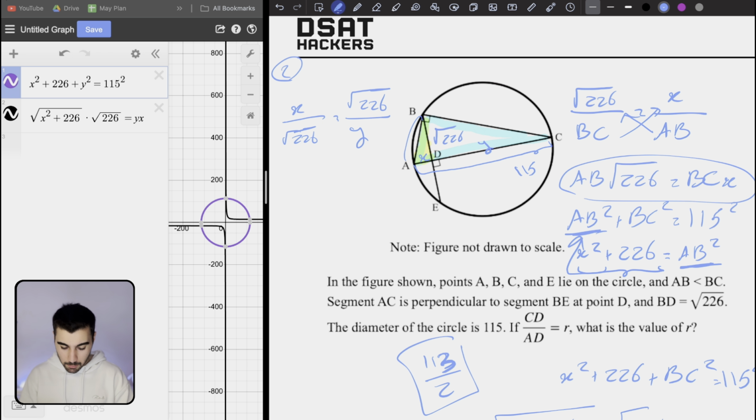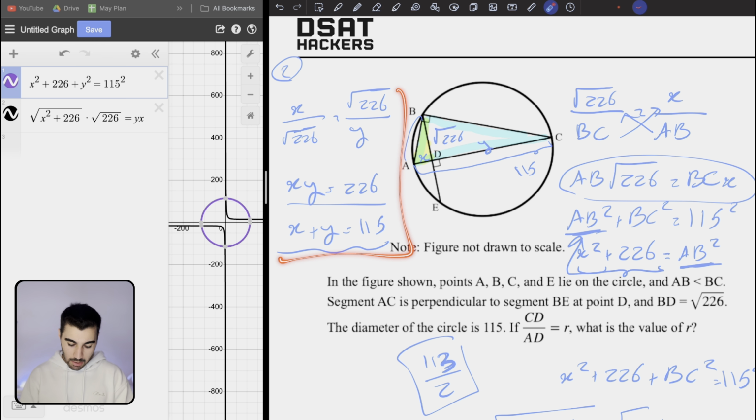Now if we do the cross product, we're going to have xy equals 226, our first equation, and the second one is x plus y equals 115. This is the second equation. Put them into decimals, you're going to see the answers. This is much faster and easier if you take these two triangles to make the proportions.